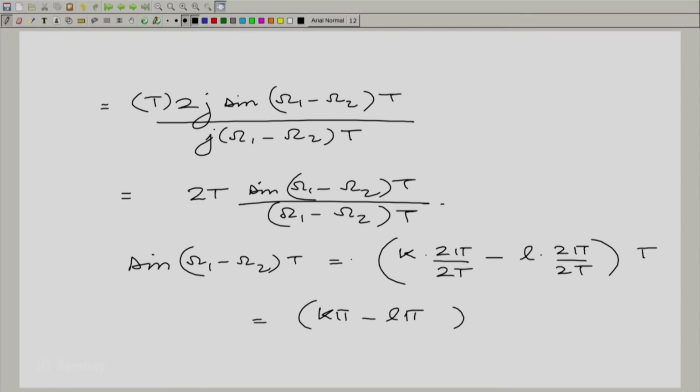And since k is not equal to L, the sine of this must be equal to 0. Anyway, even if k were equal to L, it would be 0, but then you could not have the denominator. So very clearly, when k is not equal to L, we have orthogonality.